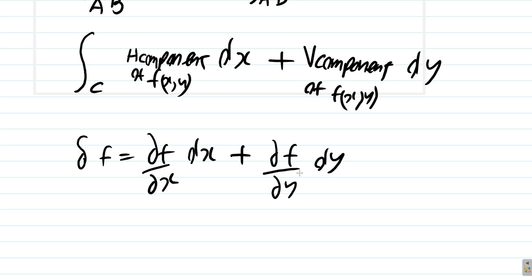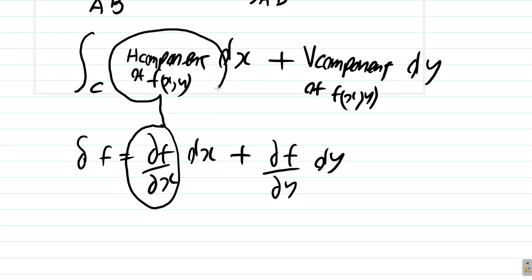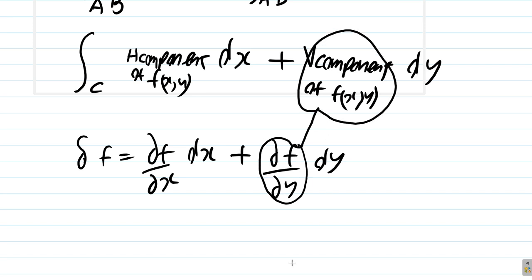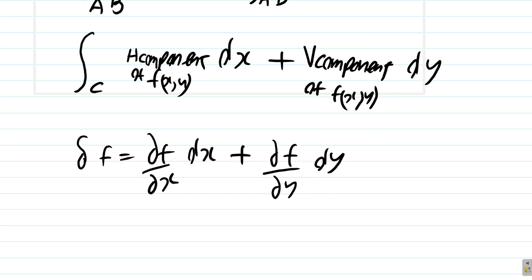Now, the thing is, you have our dx here and our dx here. The partial derivative of f with respect to x would correspond to the horizontal component here, and this partial derivative with respect to y would correspond to the vertical component here. Alright?